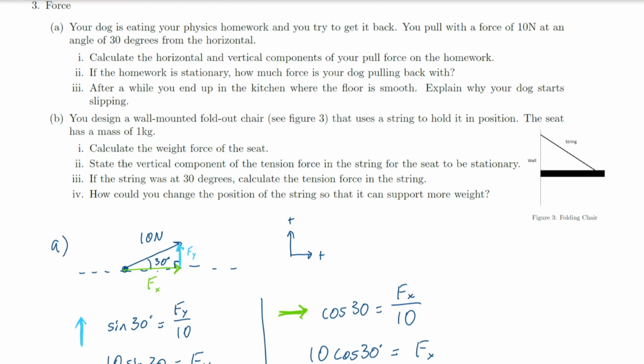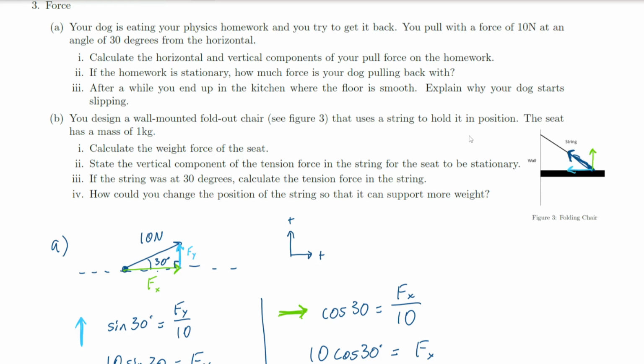Part 2, state the vertical component of the tension force in the string for the seat to be stationary. Alright, so the string here is providing a tension force towards the wall, and part of it will be acting upwards, and part of it will be acting to the left. Yeah.